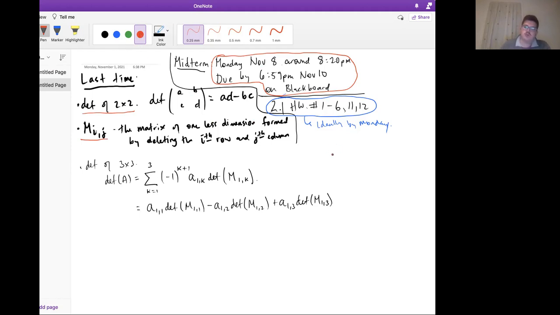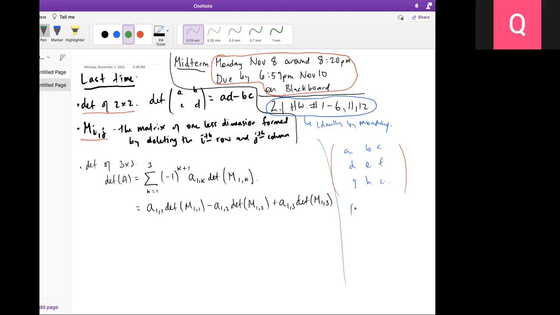So just for example, if this is your matrix, can someone say what M1,2 would be? Good, yeah, D, F, G, I.